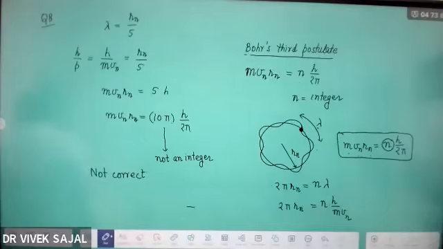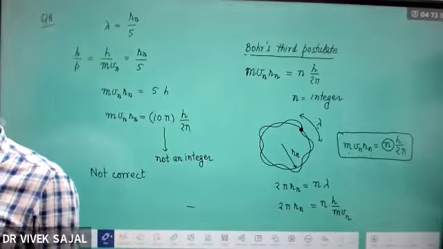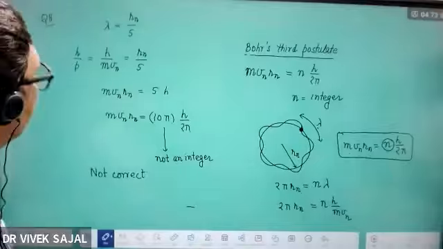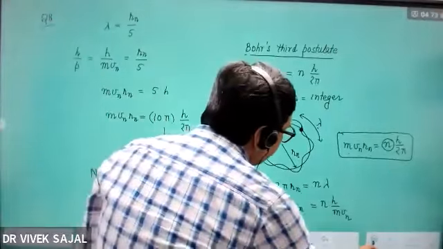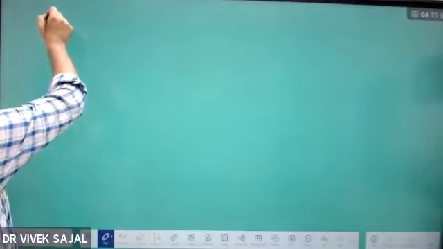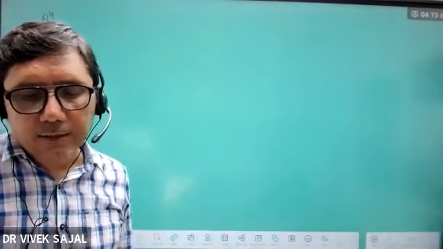Next question. Question number 9. Two particles A and B are in motion.